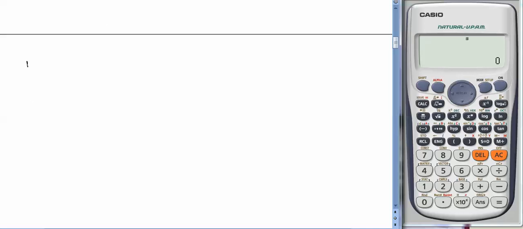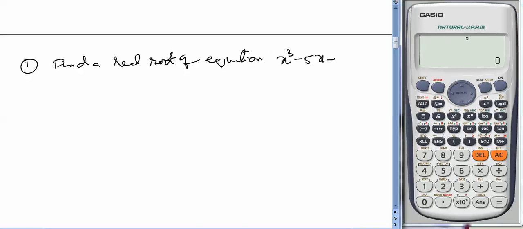Find a real root of the equation x cube minus 5x plus 1 equals 0 using a bisection method.